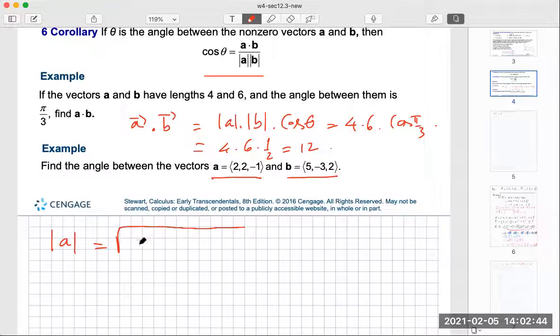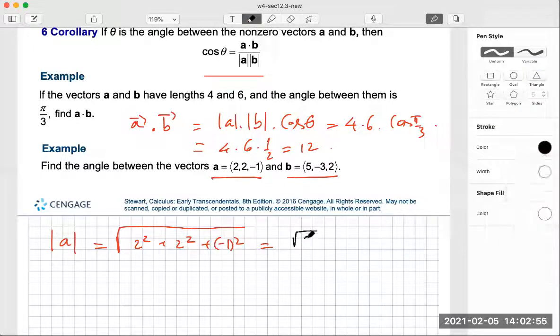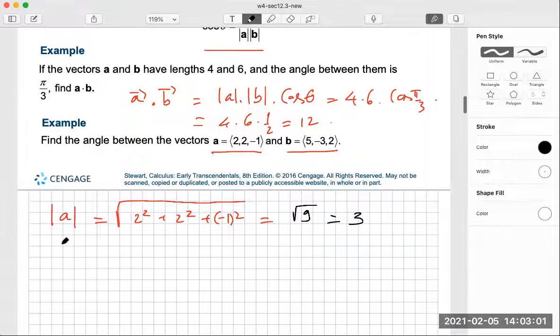Let us do it slowly. Very good. 2 squared plus 2 squared plus -1 squared, right? Which is 9, square root of 9, which is 3. What is the magnitude of vector B here?